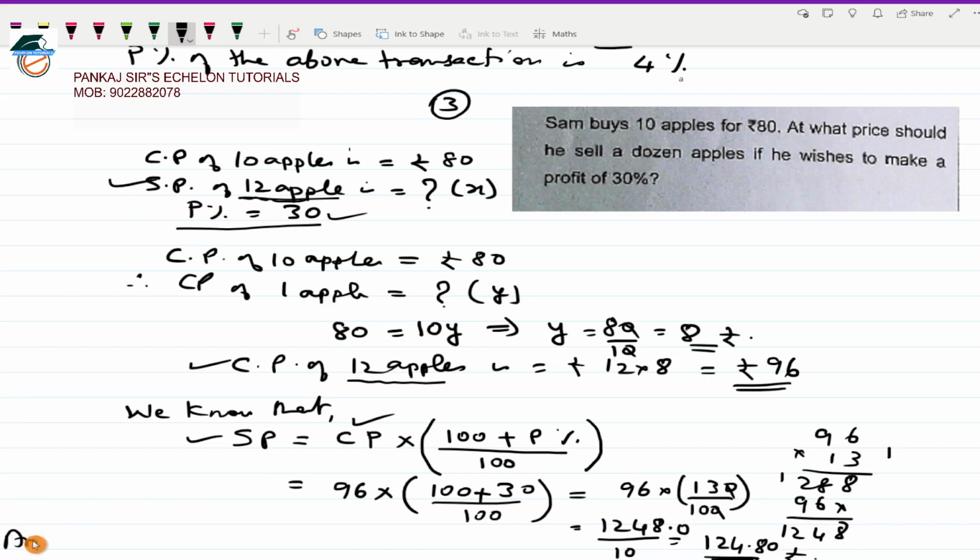So the answer is: the selling price of 12 apples must be rupees 124 and 80 paise. Is that clear? So that was question number 3.